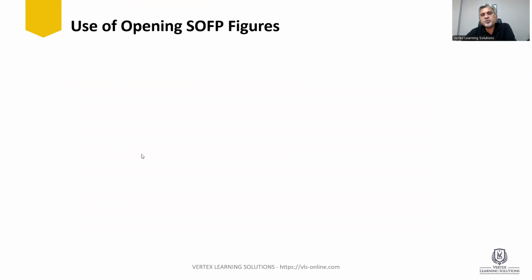Use of opening SOFP figures. Opening statement of financial position. If you have done a cash flow statement before, you know how you make a cash flow statement. You need a 2-year balance sheet and a 1-year income statement. For example, if I need to make the cash flow of 2023, I need two SOFPs, 2022 and 2023.